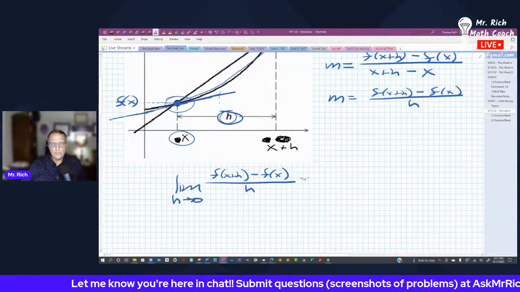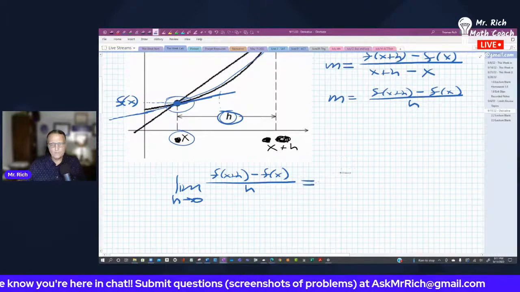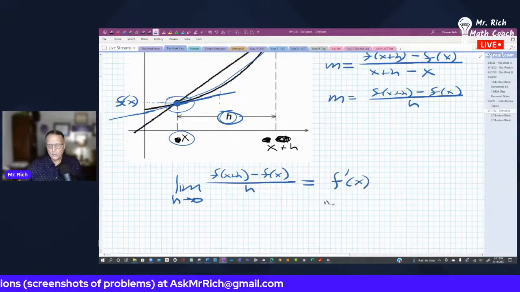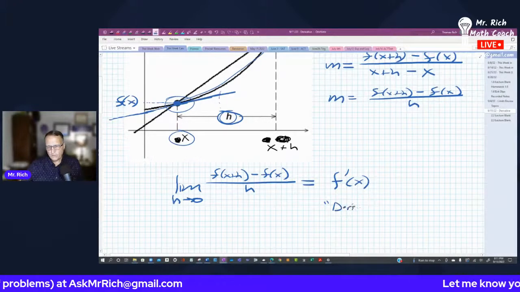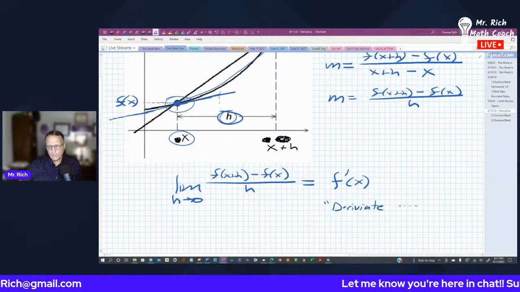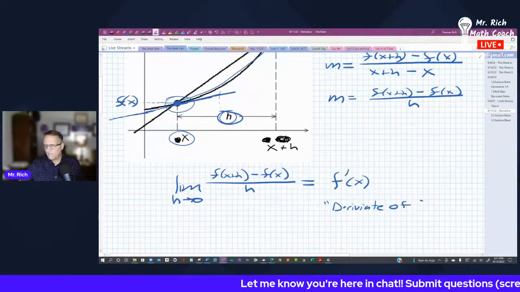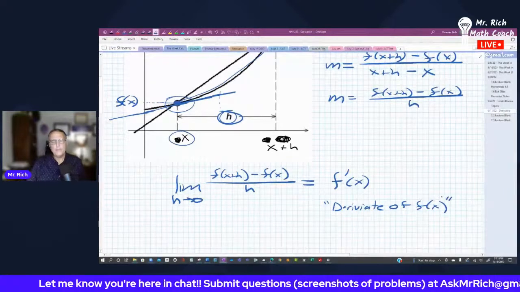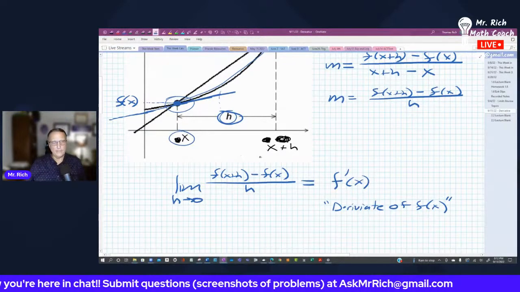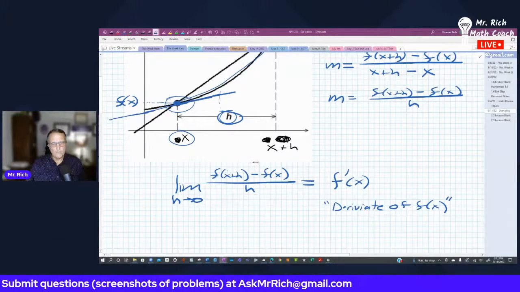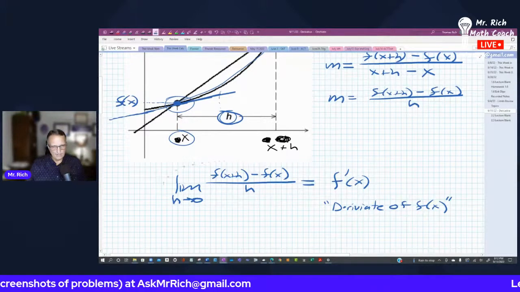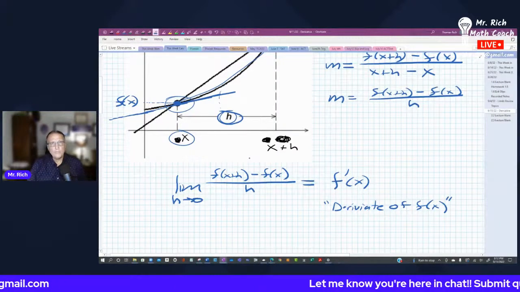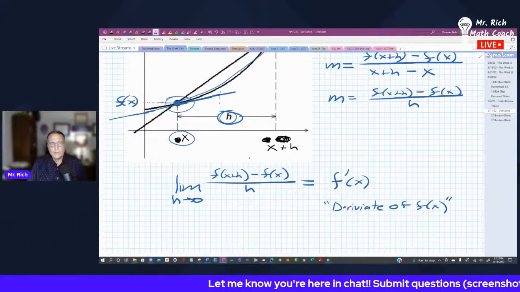And so this thing right here is what we call f prime of x, or we call it the derivative function, or just the derivative of f of x. It's what we call the limit definition of a derivative. So in other words, if I take this limit right here as h goes to 0 for any function of x, and I apply this limit, I'm going to get a new function that will give me the slopes of the tangent lines on that function for any value of x.